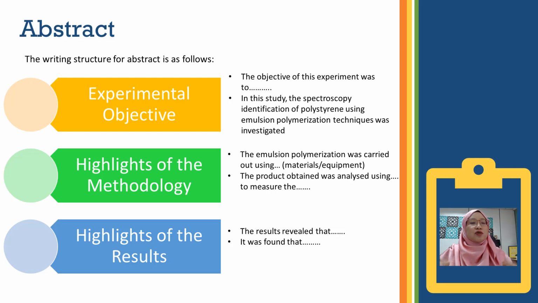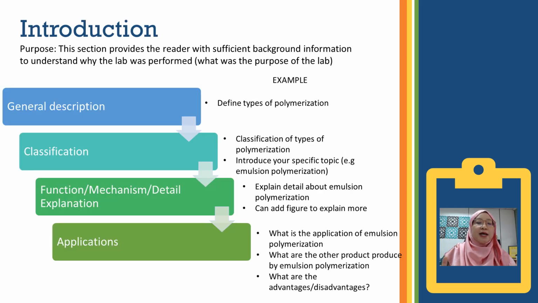Alright, next for introduction. So what can you write in the introduction? I'll give you some information. The first one, you can write about general description. For example, define types of polymerization. So for example, immersion polymerization is blah blah blah blah. And then you can go to classification, because in polymerization there are many types of polymerization. So you can also state the other classifications before you go further into immersion polymerization.